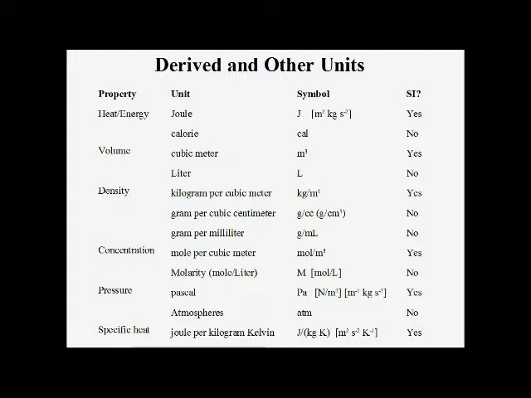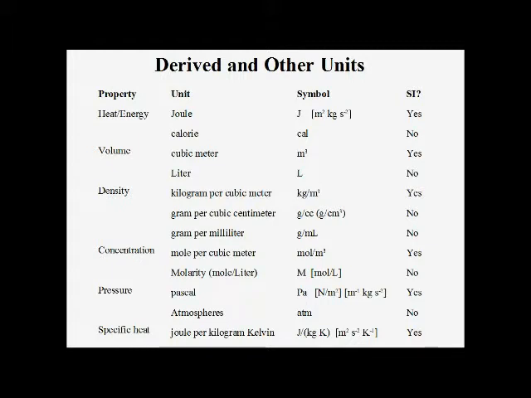Here we can see, after the capital J under the symbol, in brackets, m² kg s⁻². That's meters squared, kilograms per second squared. These are the base units. This is showing how the joule is derived from the base units.